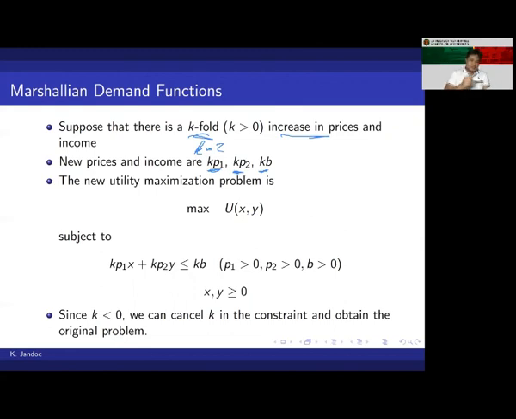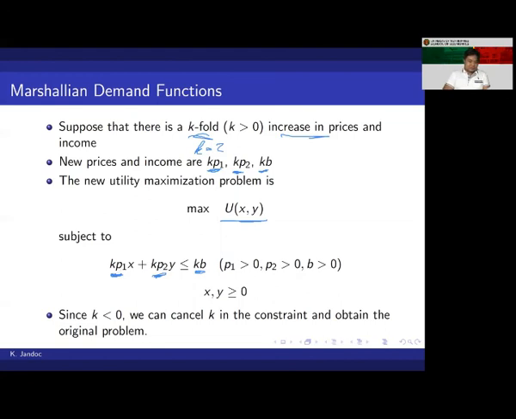So what do you notice? In the maximization problem, you have the same maximize u of x y, but the budget constraint has changed, because kp1 is now the new price of X, kp2 is the new price of Y, and kb is the new income.